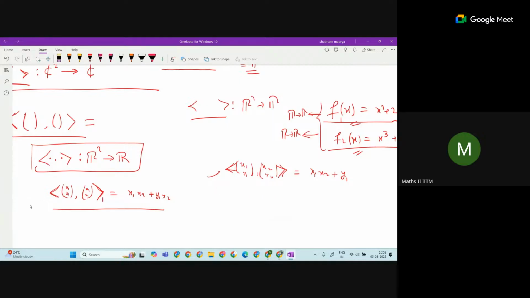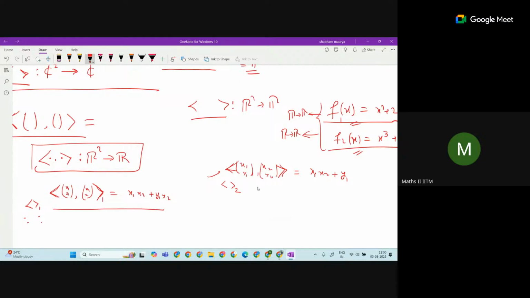When this function satisfies some set of rules, then I will call it the inner product. If this function does not satisfy them, surely it will not be an inner product. I will show you.